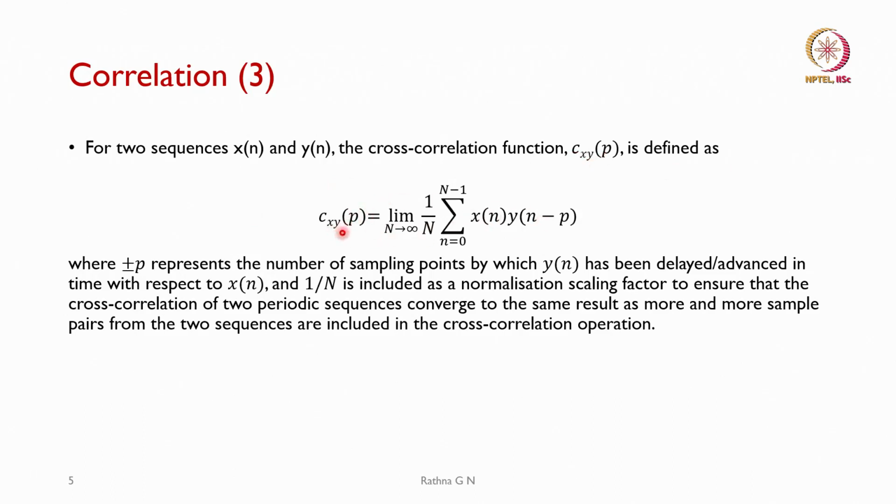What do we say? Cxy of p is equal to limit n tending to infinity, 1 by N, summation n equal to 0 to N minus 1, x of n into y of n minus p.